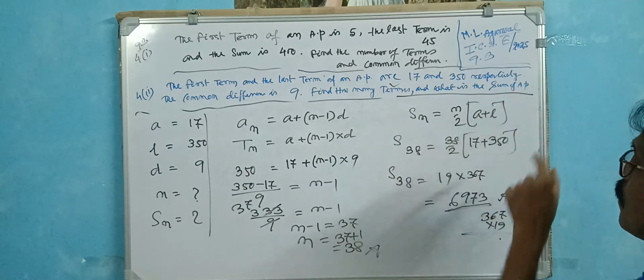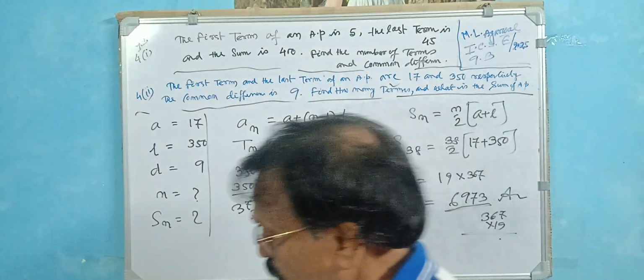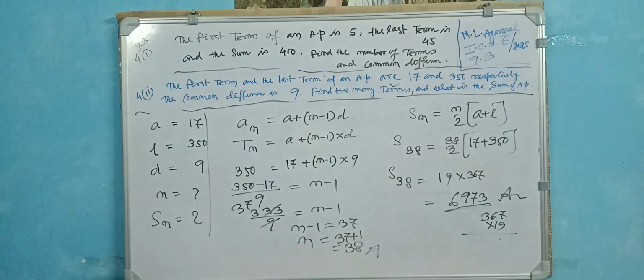What is the sum of the AP? The total sum of the AP is 6973. Clear?